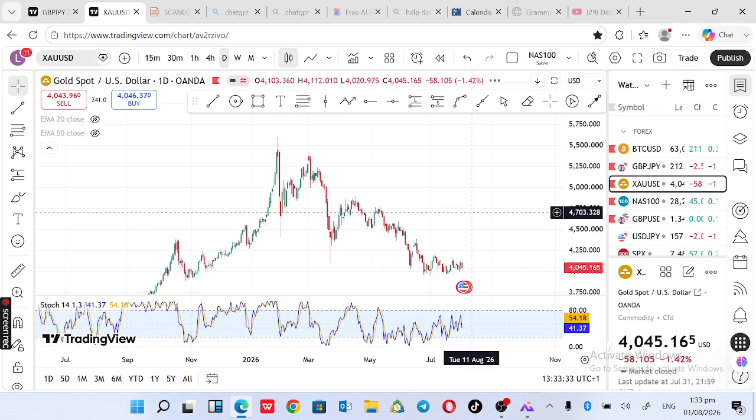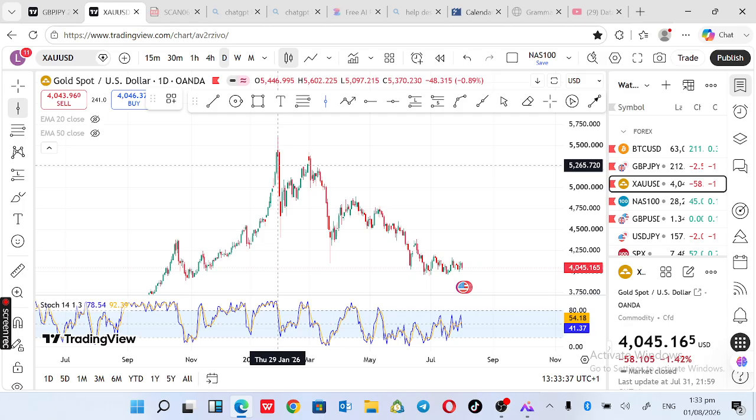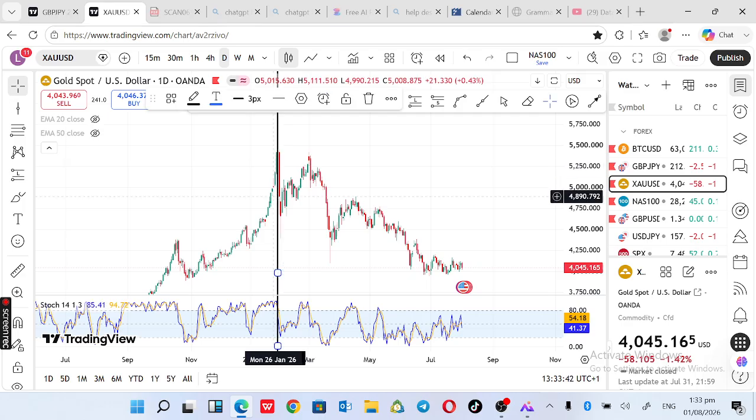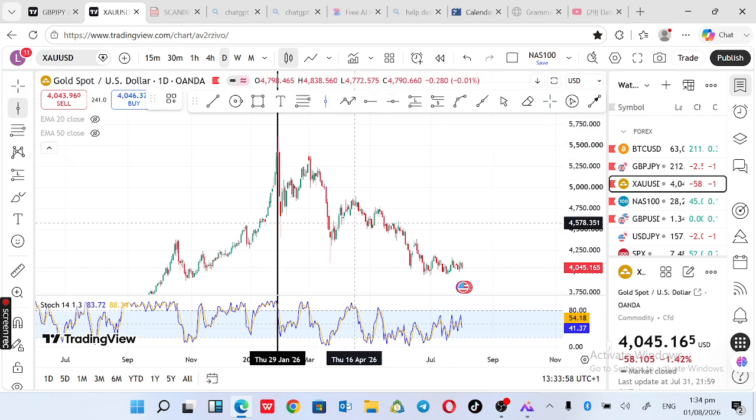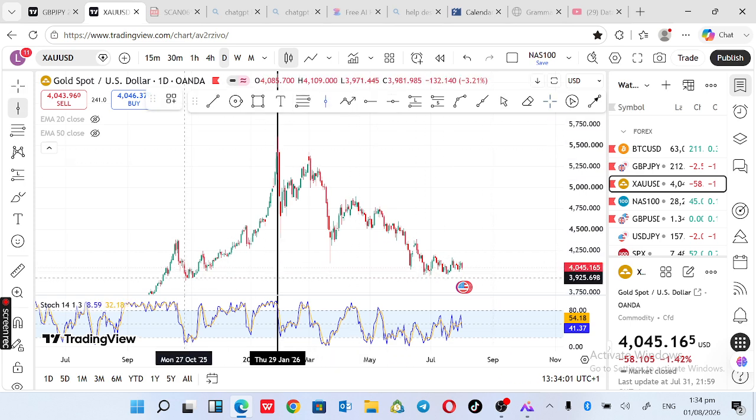Now if you check, we use this. You see that this is the market here, oversold, then it drops. Now look at this, where it's overbought again. Check this out.